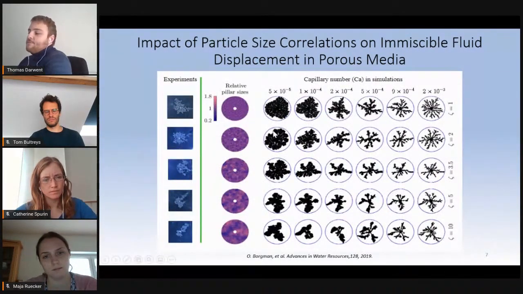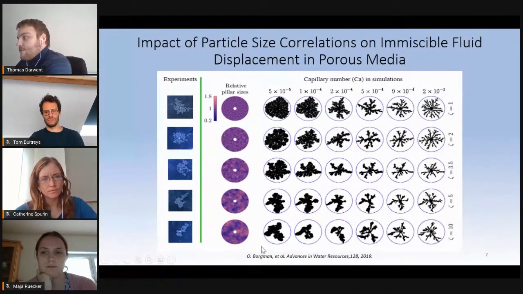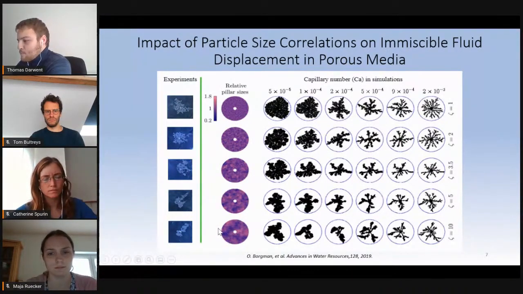We did this alongside some simulations by some colleagues, Oshri Borgman, Ran Holtzman, and Enrico Segre. And here you can see a color map of what I was talking about. You have low correlation length at the top row and high correlation length at the bottom row. You've got a homogeneous system at the top, and you can see pink represents large pillars, and these are scattered everywhere. Then as you go to high correlation length, you get clouds of large pillars and clouds of small pillars.